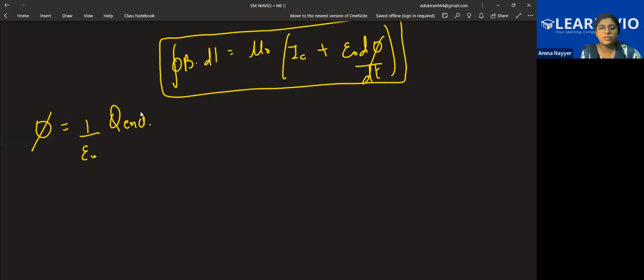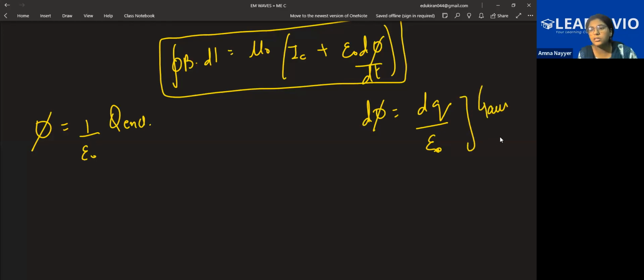So from here, d phi we can say is equal to dq by epsilon naught. Why dq? Because we are talking in terms of small charges, small flux. So this is from the Gauss theorem.